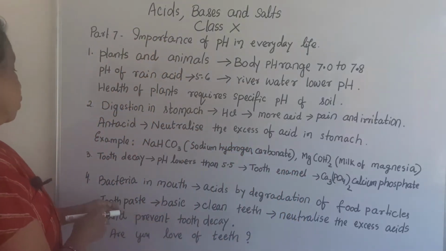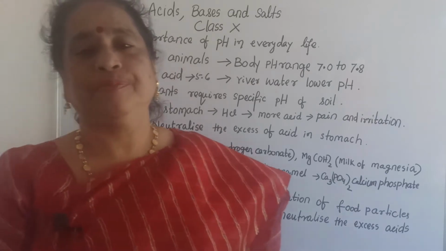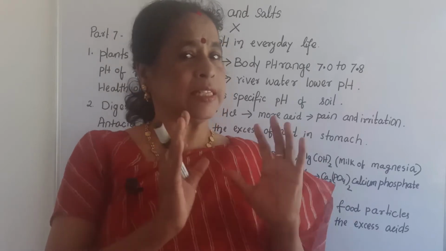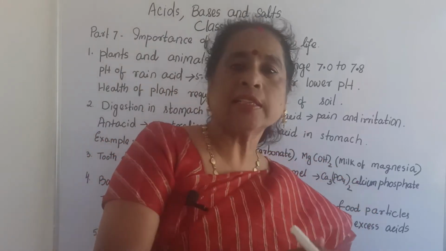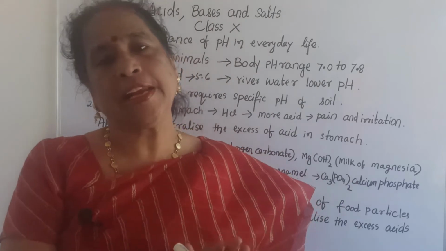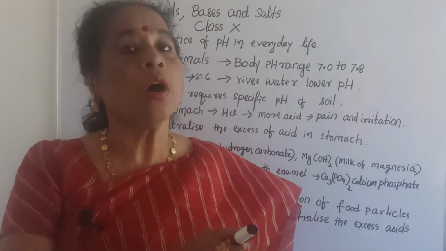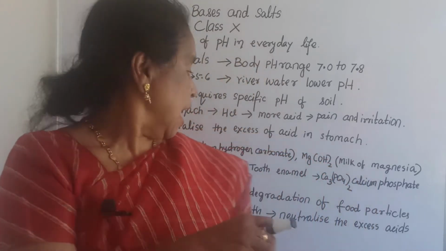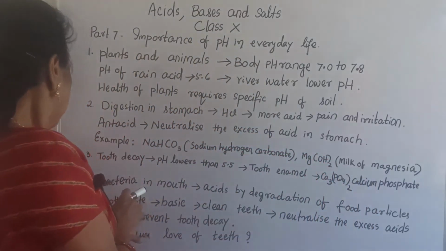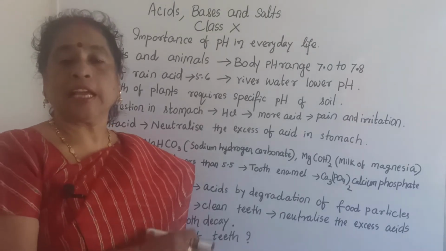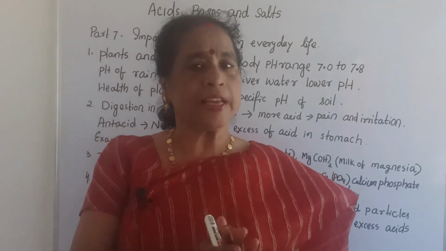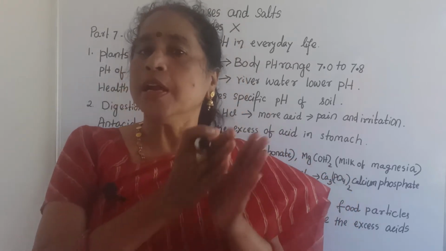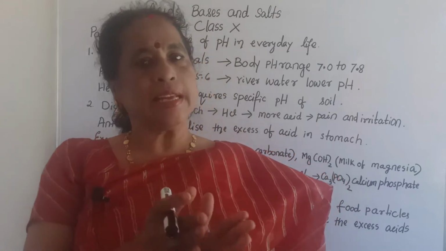Toothpaste is basic in nature. That is why you use toothpaste, because it will neutralize the acid in the mouth. It should not go below 5.5 pH, and it prevents tooth decay. That means toothpaste is very important to our teeth because it will neutralize the acid in the mouth.